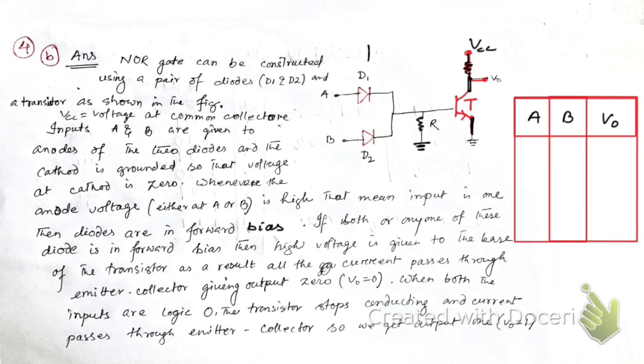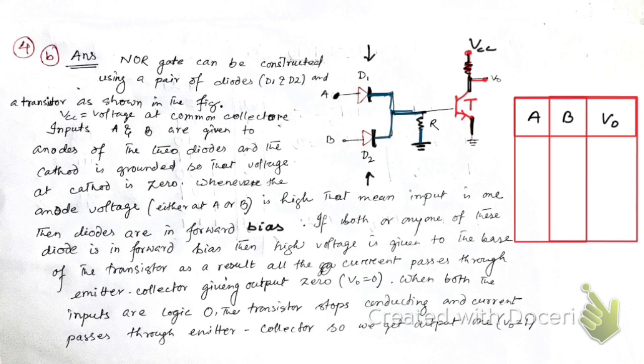Here you can see these two diodes, D1 and D2. These two parts represent the cathode, and they are connected to the earthing, right? That means they are at lower potential. When you give voltage here, at a higher potential, the input will be 1.